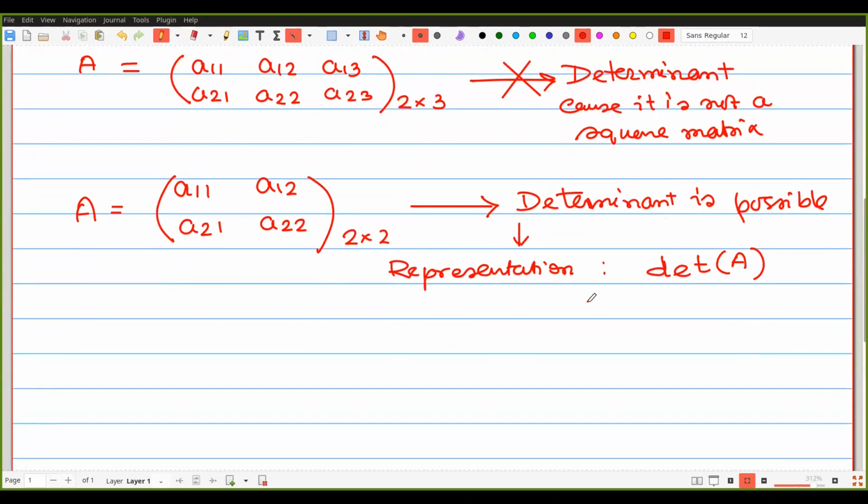Or we can represent it using a very small notation, that is the determinant of the matrix A. And using the elements, we can write A11, A12, A21, A22. That is the determinant.